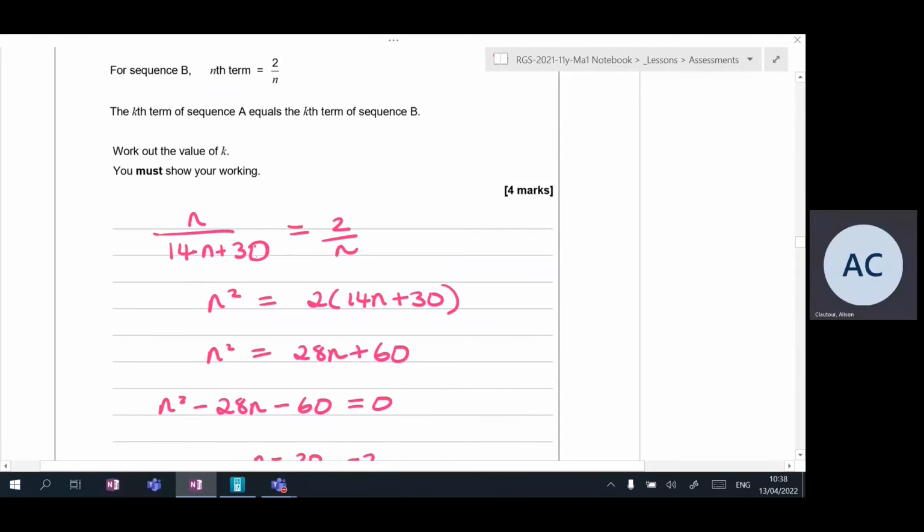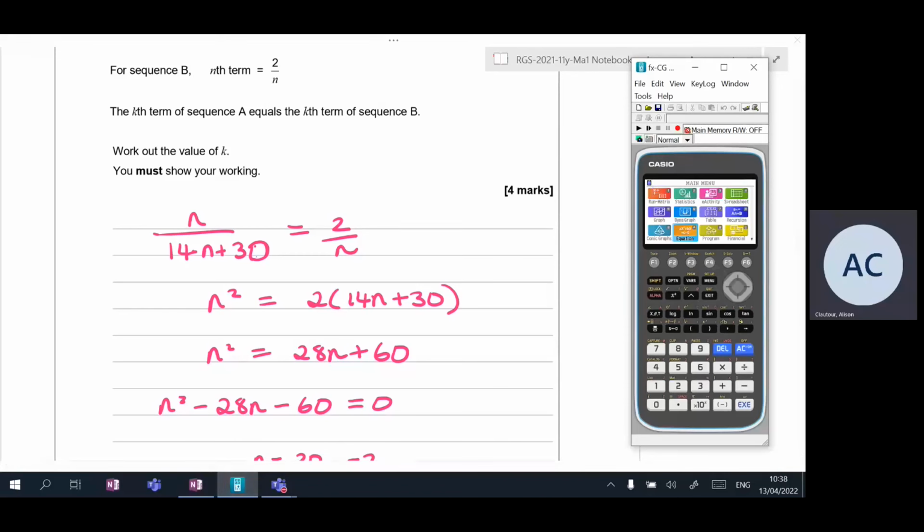Okay, you can also graph both of those expressions, then you don't have to do any algebraic manipulation whatsoever. So if you draw the graph of x over 14x plus 30, and then draw the graph of 2 over x, then obviously the point at which they intersect is going to be the bit we're interested in.